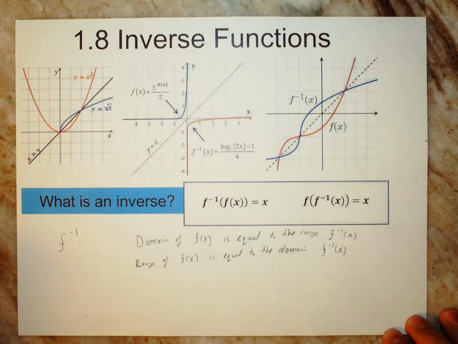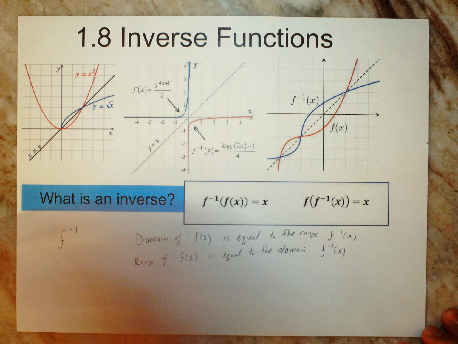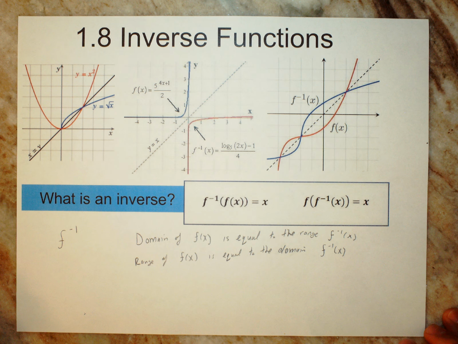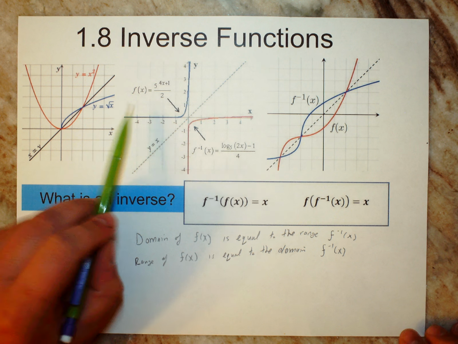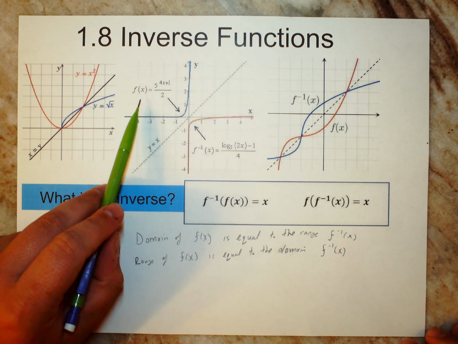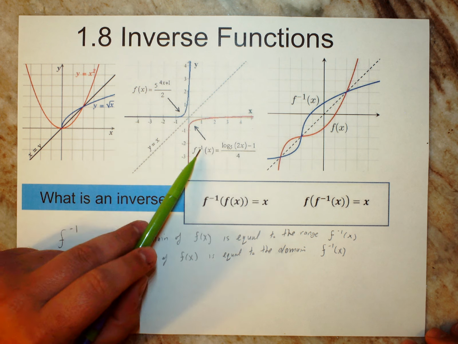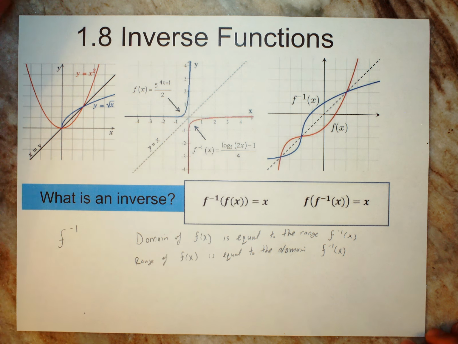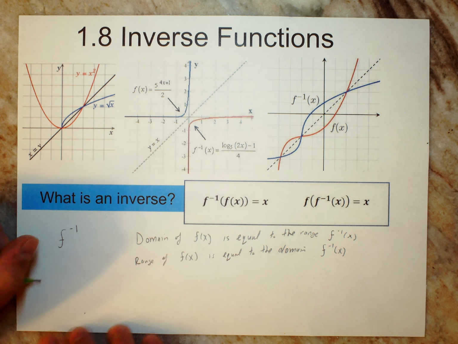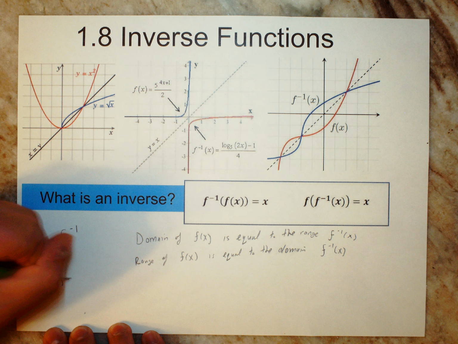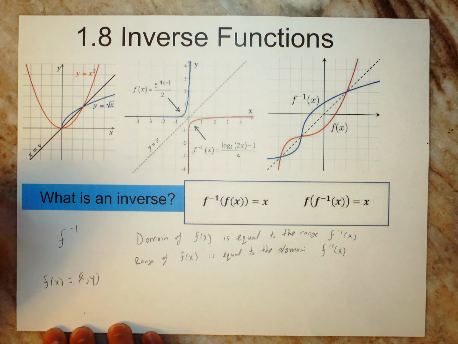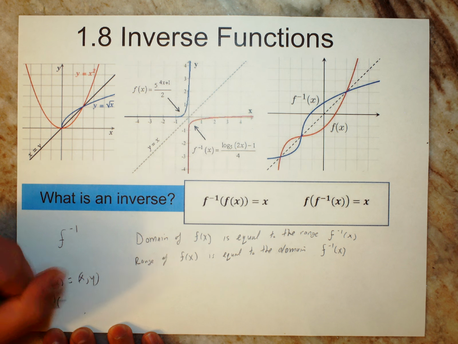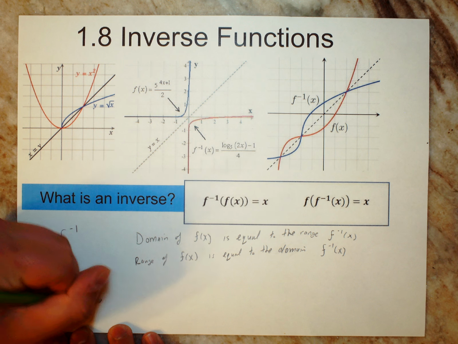Now, the reason that I'm showing this is because there are three graphs here. And you can see functions like right here where my finger is, or my pencil is. There's f of x and there's the inverse. So for every point in f of x, that is xy, in the inverse, it is yx.